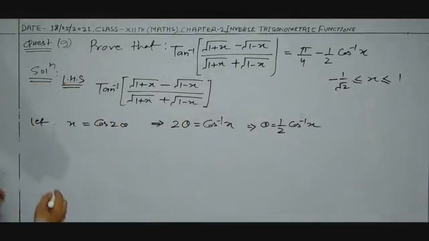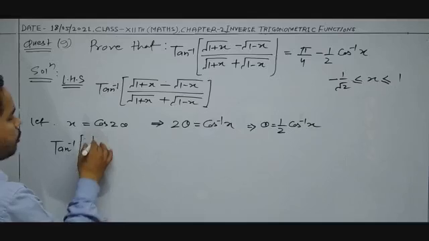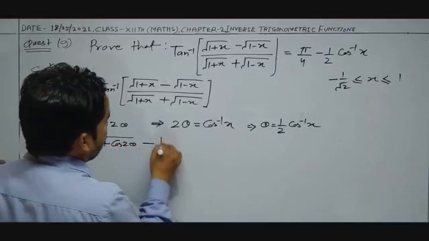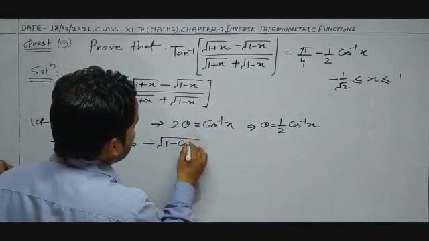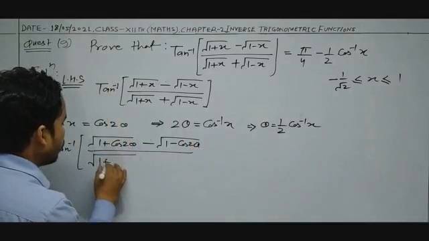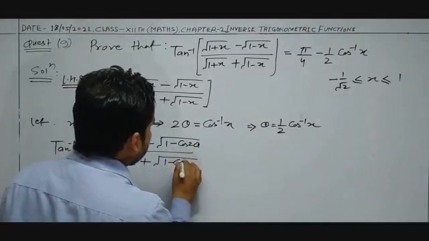So now see here, tan inverse, at the place of x you put the value: root over 1 plus cos 2 theta minus root over 1 minus cos 2 theta whole upon root over 1 plus cos 2 theta plus root over 1 minus cos 2 theta.